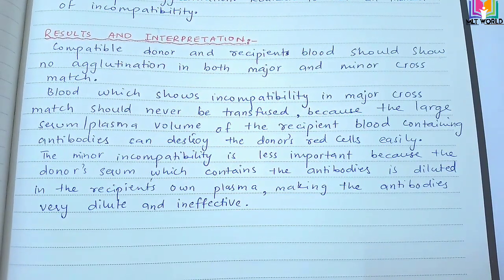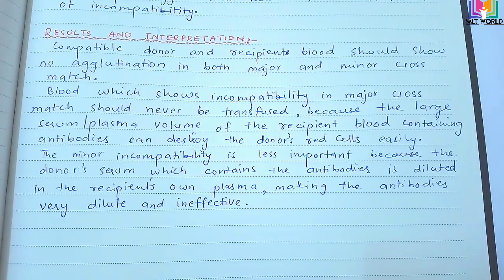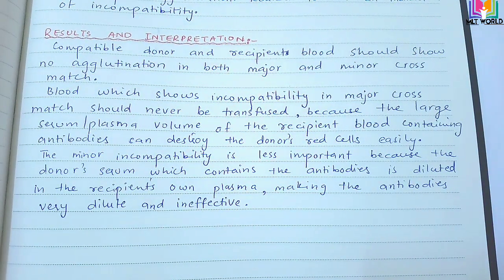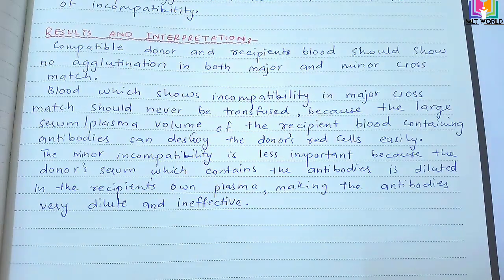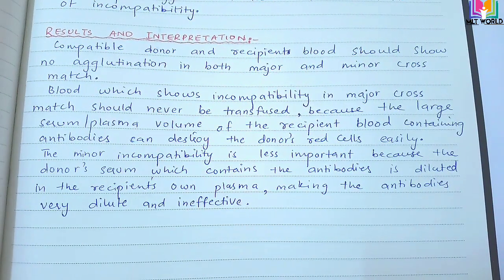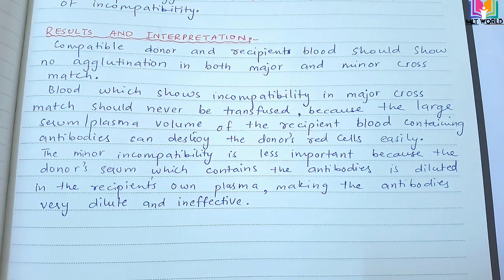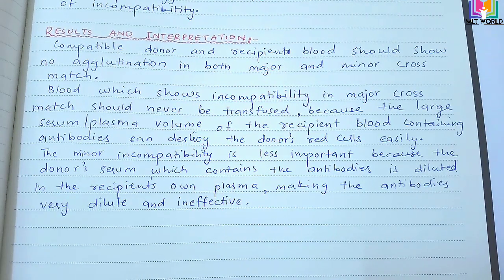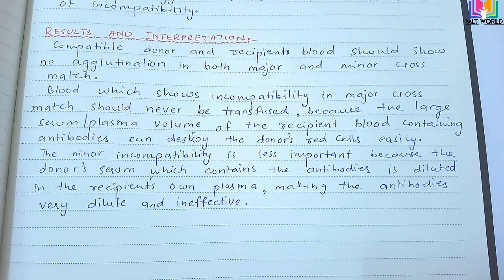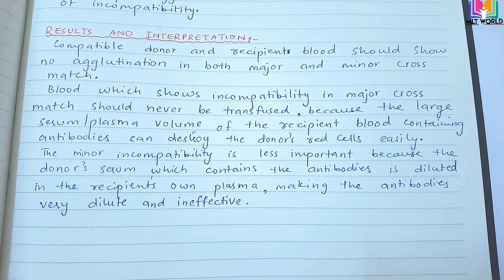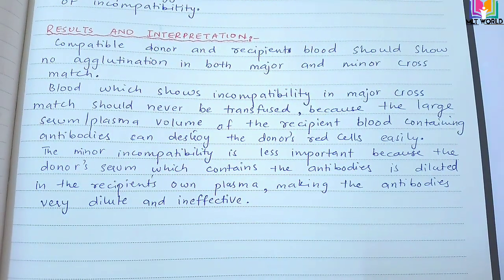But when we are testing major and minor cross match, why do we say that major cross match is more important than minor cross match, or that it is better to perform major cross match than minor cross match? Because, as you noticed, in major cross match we are taking recipient serum, and that serum volume is more. As you remember, in the procedure we take 2 drops of serum and 1 drop of cell suspension.